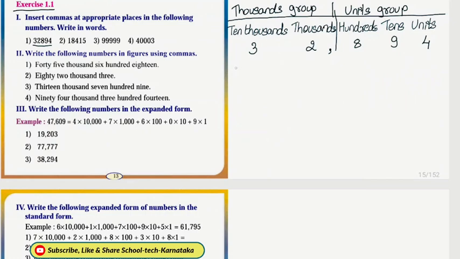So how do we write our first number now? 32,894. And this we need to write in words. So how do we write it? 32,000 first. 32,894.